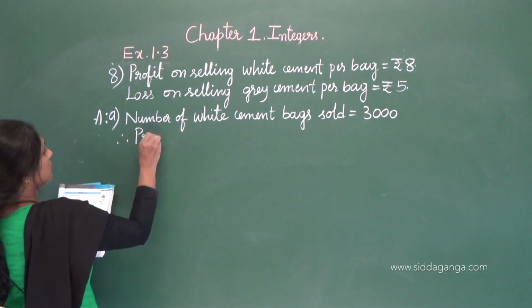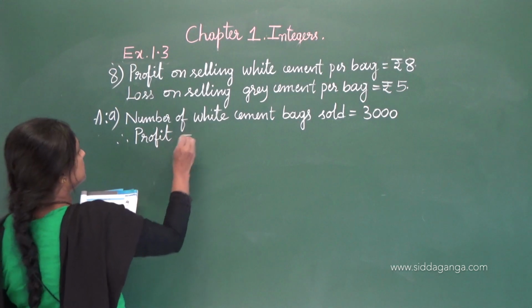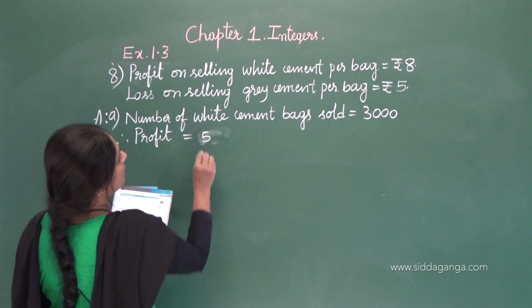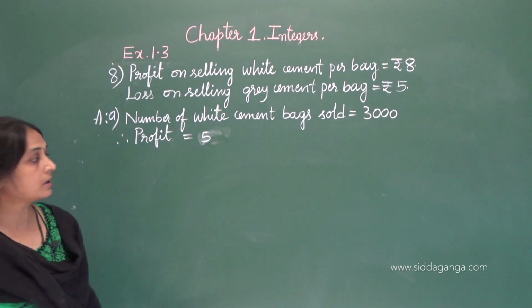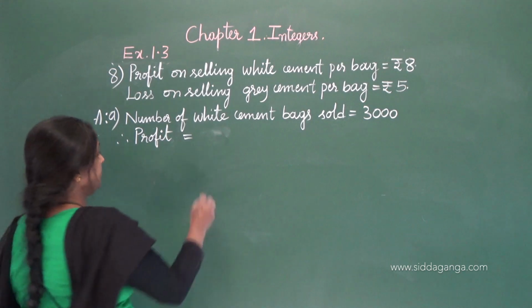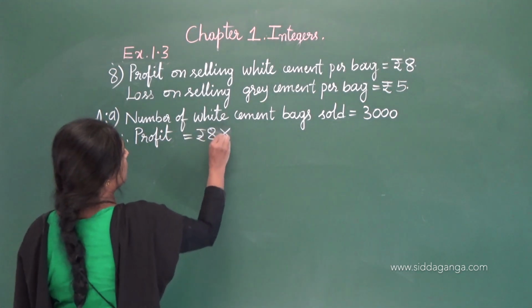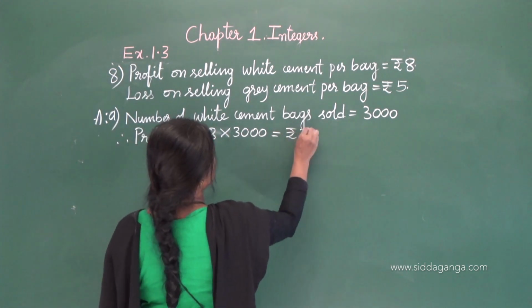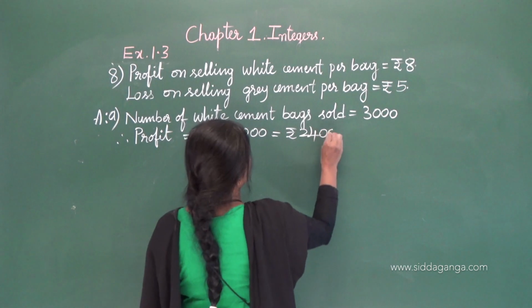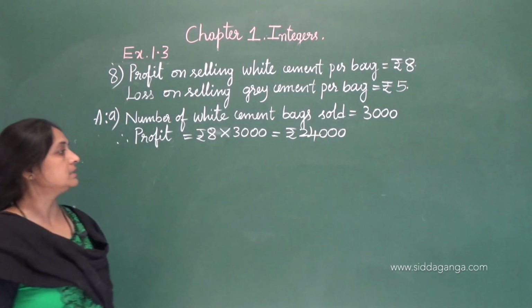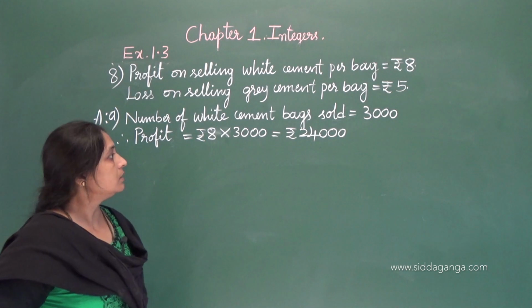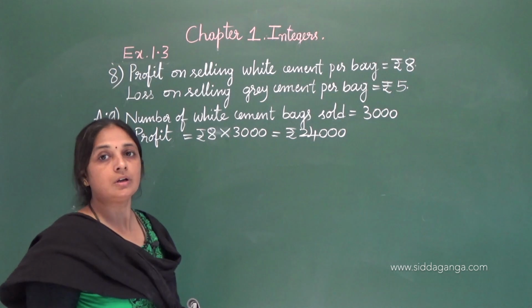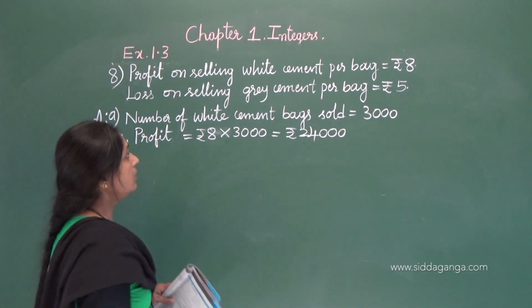Therefore, profit is equal to 3,000 or per bag it's 8 rupees. They get 8 rupees. Rupees 8 into 3,000, that is equal to 8 3s are 24,000. They got 24,000 profit, and they also sold grey cement with loss.